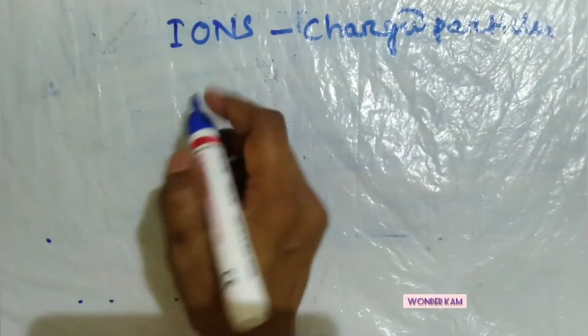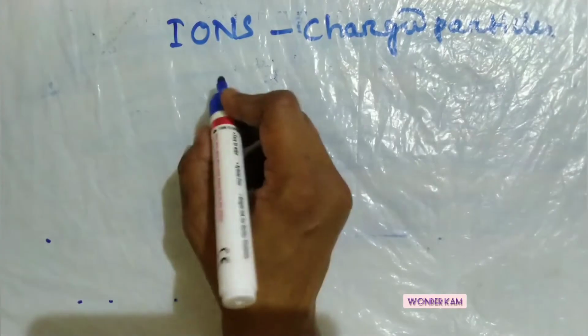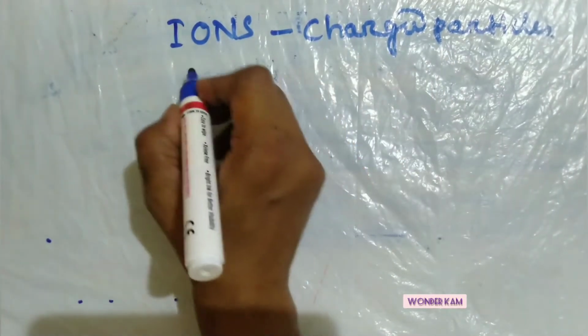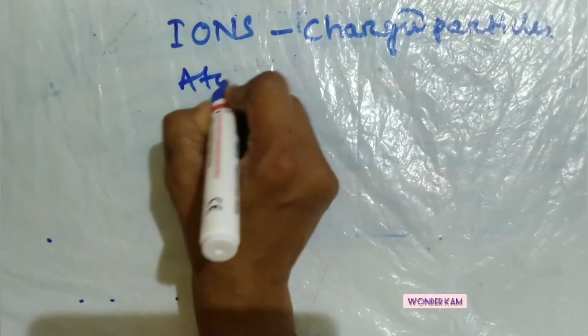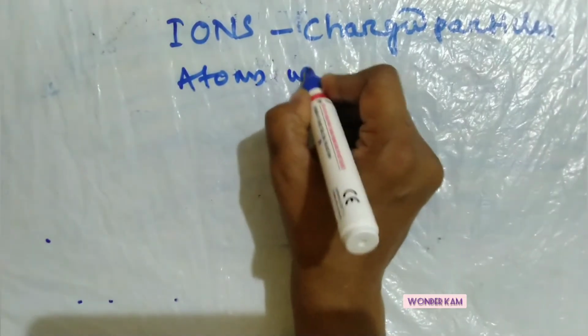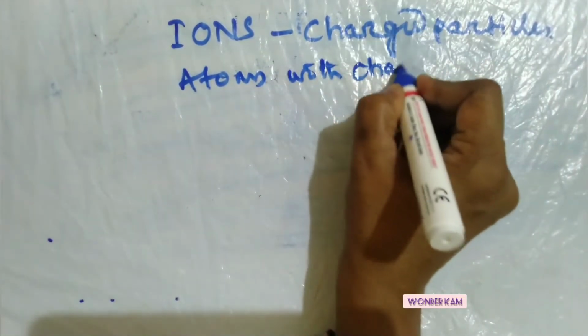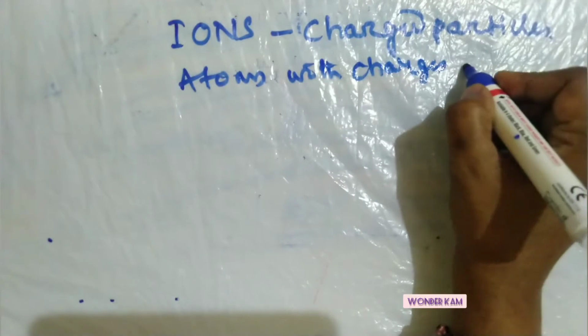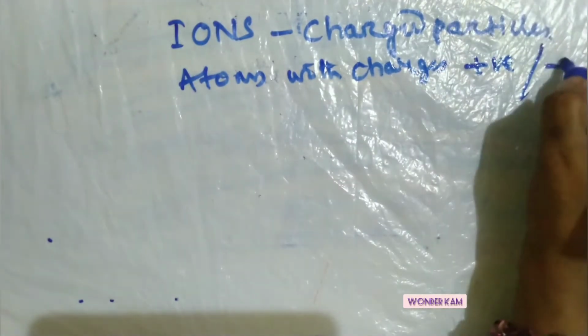Why am I telling you all these terms? Because we are going to write formulas, so you should know the terms. Ions are charged particles. They are atoms or elements with charges, either positive charge or negative charge.